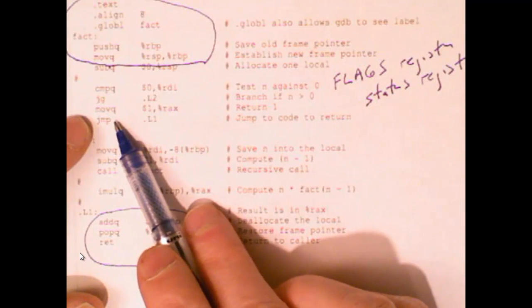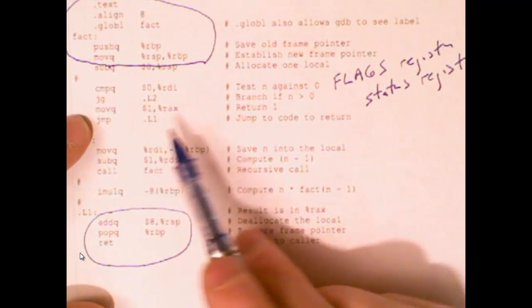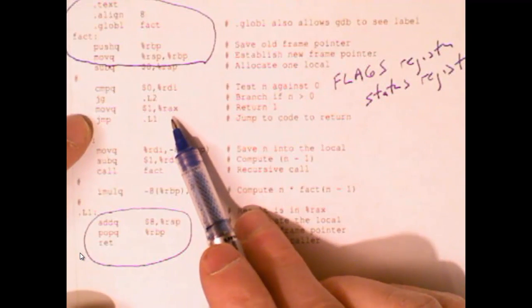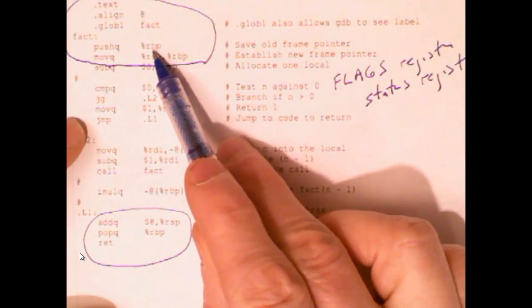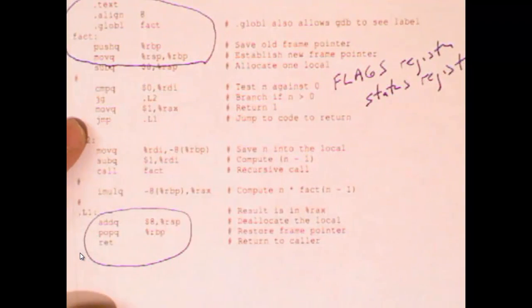The parameter that was passed to us was 0, so I'm just going to return a 1. So I move a quad word, $1, again an immediate constant 1, into the register that by convention we use for integer return values, RAX. I guess another thing I need to tell you is that when you're writing Linux assembler, you always preface a register name with this %. That's how they distinguish register names from labels.